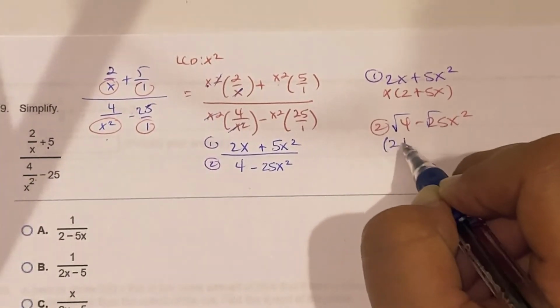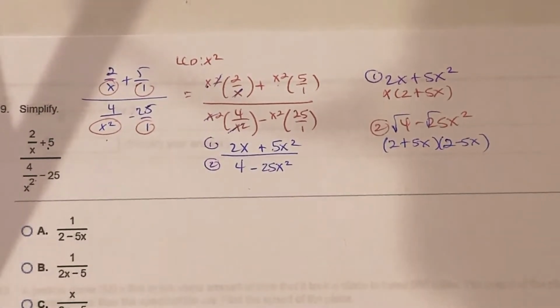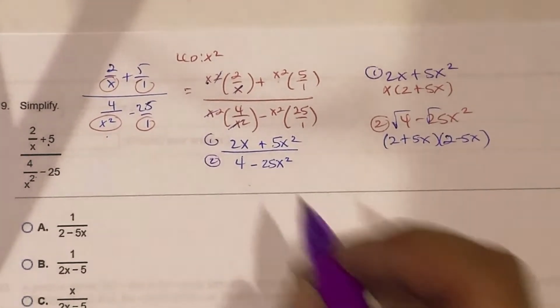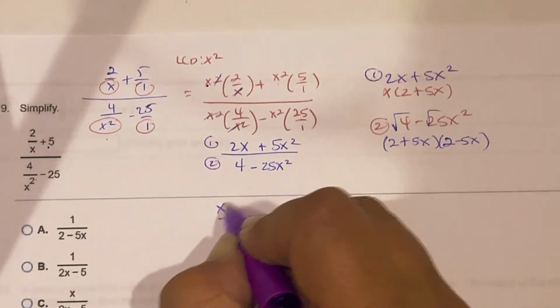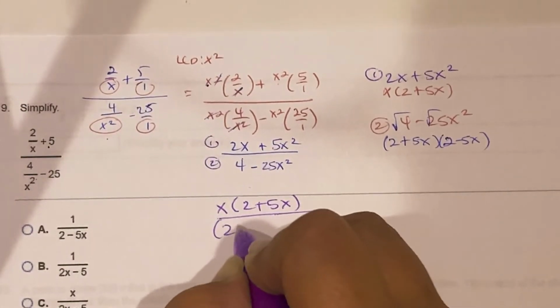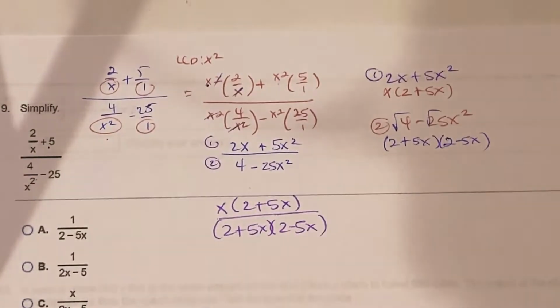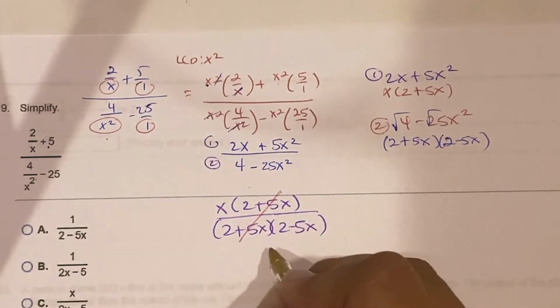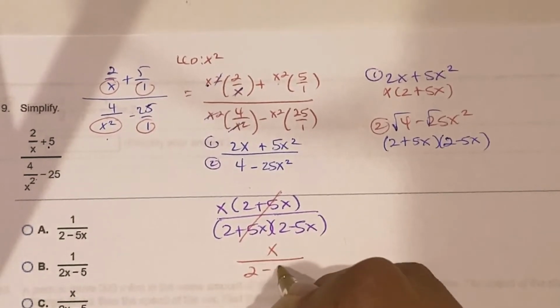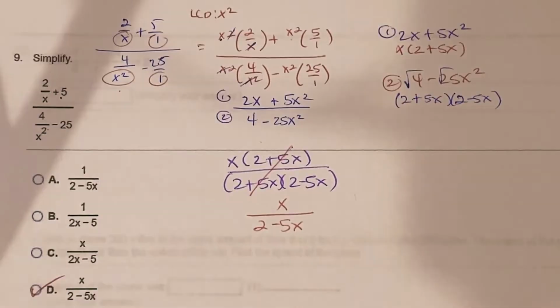So I get 2 plus 5x, 2 minus 5x. So that's what we're going to do for our line. We have x times 2 plus 5x over 2 plus 5x times 2 minus 5x. So they cancel out and you're left with x sitting on top of 2 minus 5x, which happens to be D.